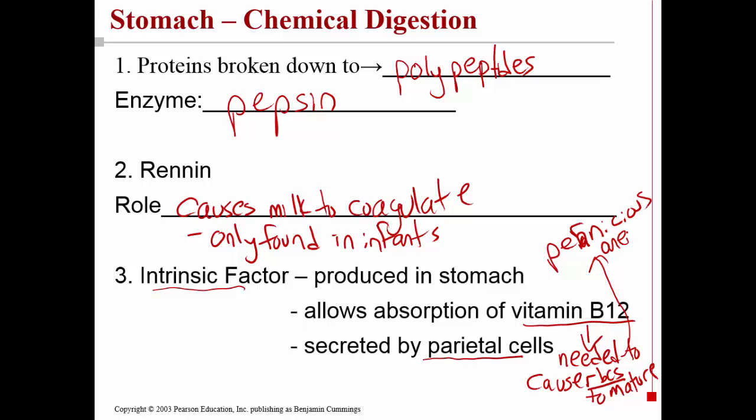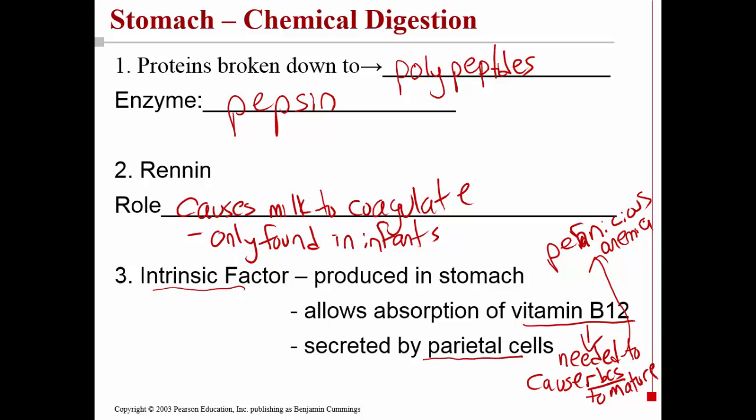So the problem is that it's not that there's not enough B12 in the diet. B12 can be found in meat, poultry, and fish, but it's that there's decreased amounts of intrinsic factor. And again, this happens in elderly people because as people age, the stomach mucosa atrophies, and so less intrinsic factor is produced. So what else is going on in the stomach?